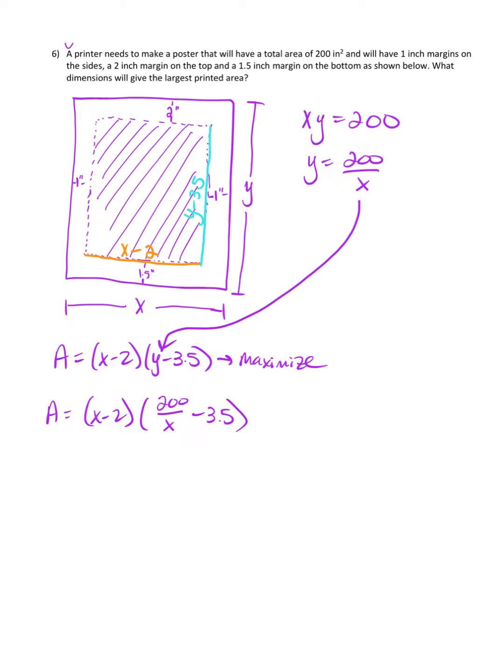So my GeoGebra graph looks something like that. And this maximum point occurs at 10.69, 132.17.